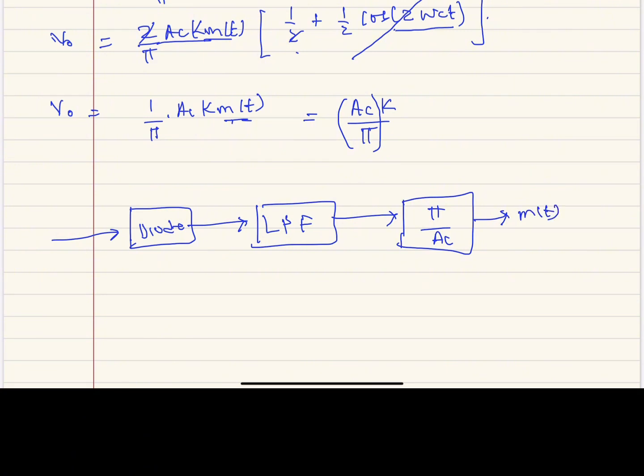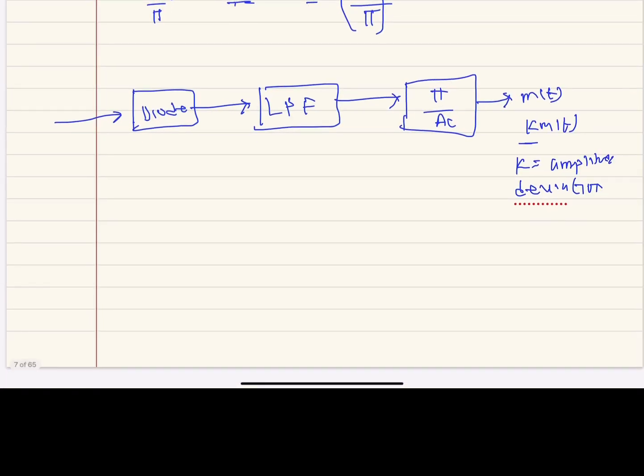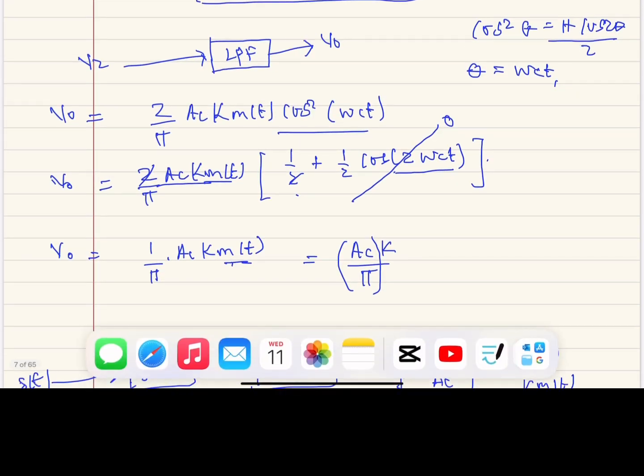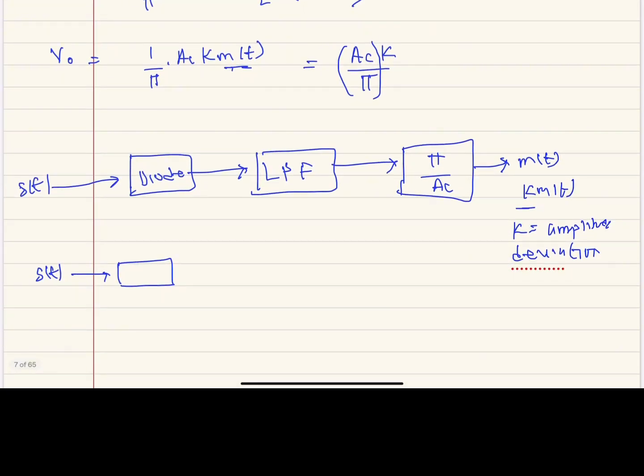When you do that, we are going to get k m(t), and remember that the k here is our amplitude deviation. So in summary, when you want to use the envelope detector method in demodulating a modulated AM signal, you pass the modulated AM signal through a diode, represented mathematically.